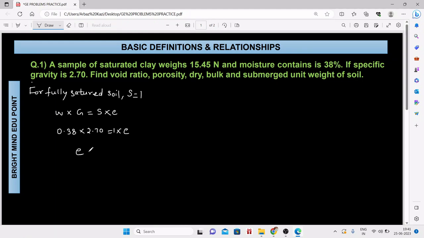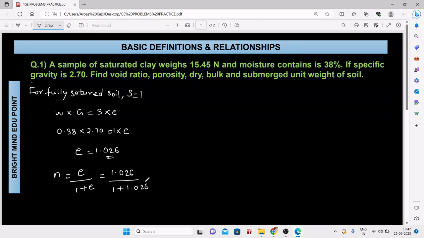So on solving, we'll get the value of void ratio as 1.026. We also know that porosity n is equal to e upon 1 plus e. So we'll substitute the value of e that has been obtained in this equation.